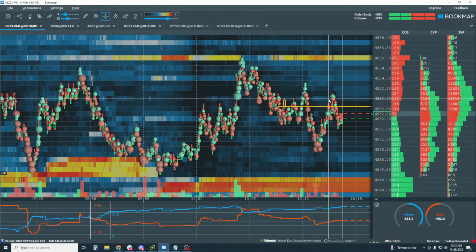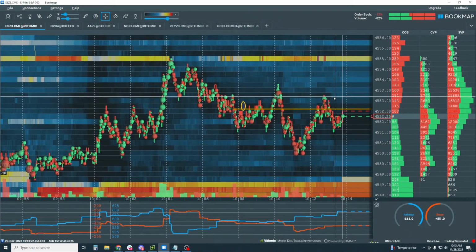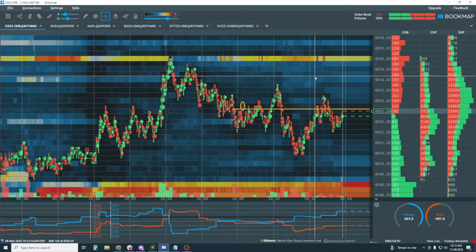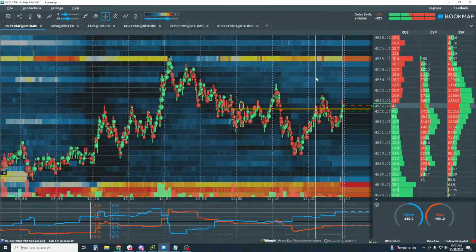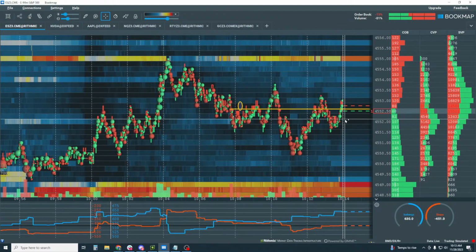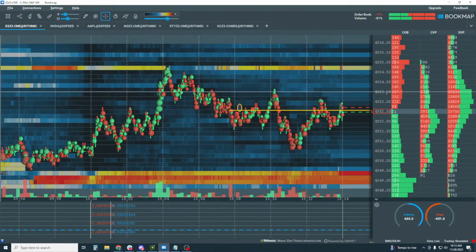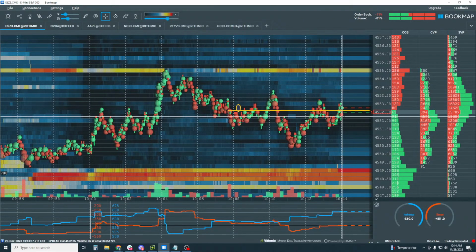So the market is very choppy, is what it's telling us. Let's continue to watch this here.